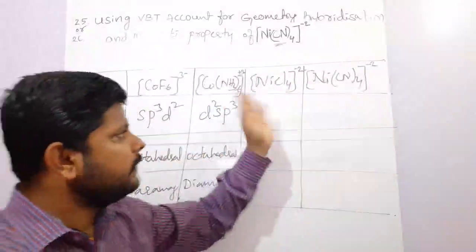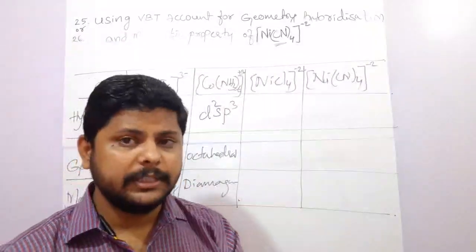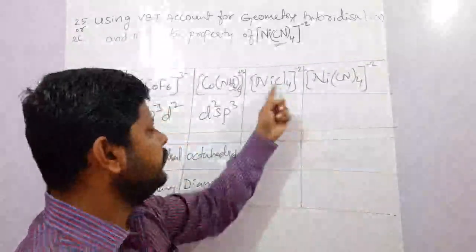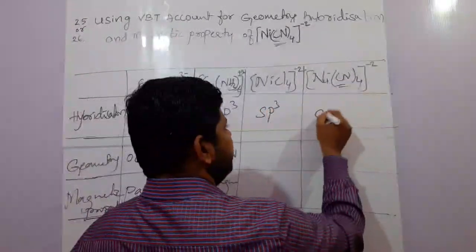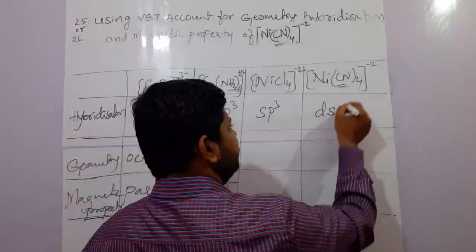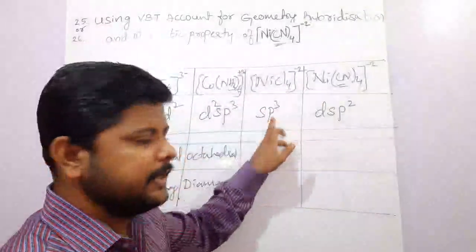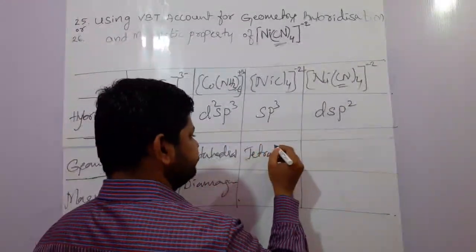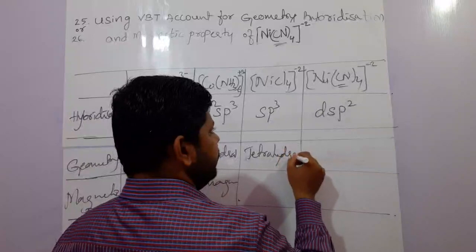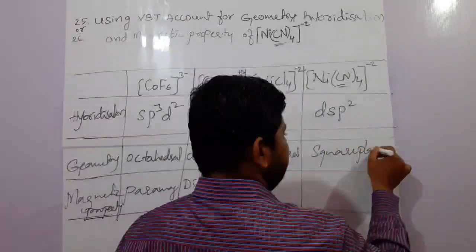Now for these two having 4 ligands, the hybridization is either sp3 or dsp2. This one has a weak ligand, so start with sp3. This one has a strong ligand, so start with dsp2. With 4 ligands, whenever sp3 hybridization comes, the geometry is tetrahedral; whenever dsp2 comes, the geometry is square planar.